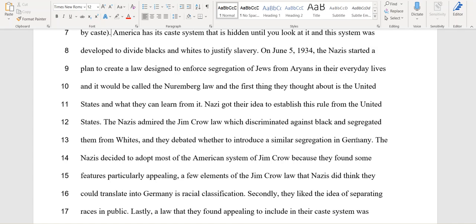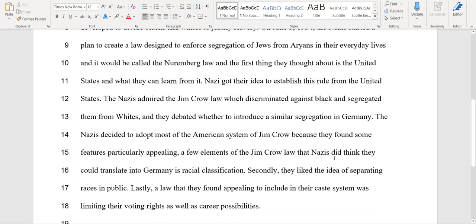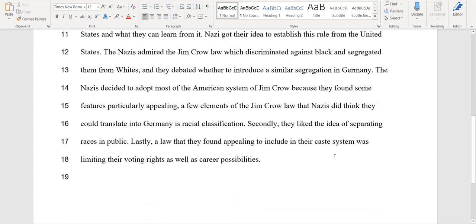The Nazis decided to adopt most of the American system of Jim Crow because they found some features particularly appealing. A few elements of the Jim Crow law that Nazis thought they could translate into Germany is racial classification. Secondly, they liked the idea of separating races in public. Lastly, a law that they found appealing to include in their caste system was limiting their voting rights as well as career possibilities.